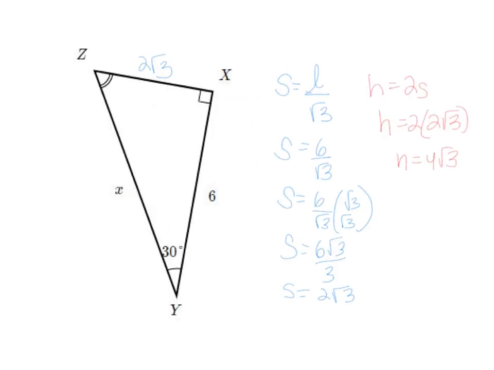Let's look at another example. Once again, pause, write down the triangle, and try to work with me. What we are given is a 30-60-90.